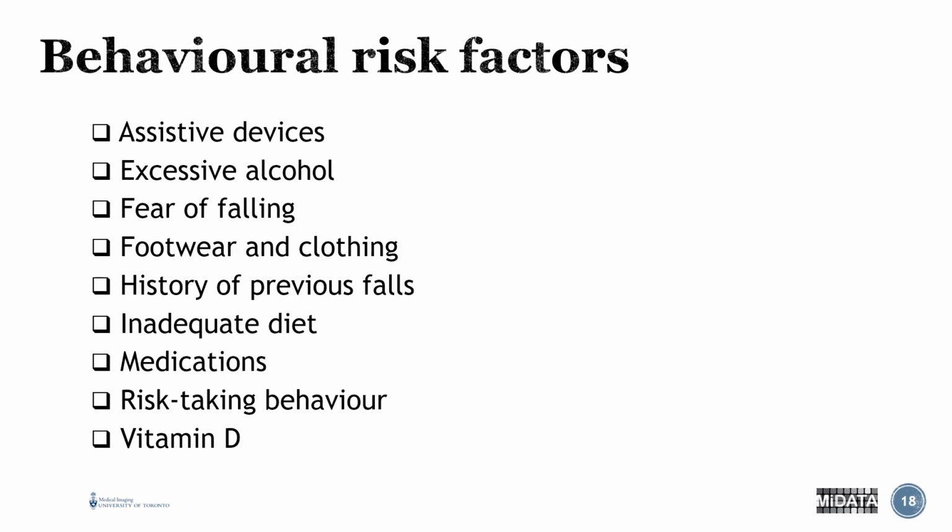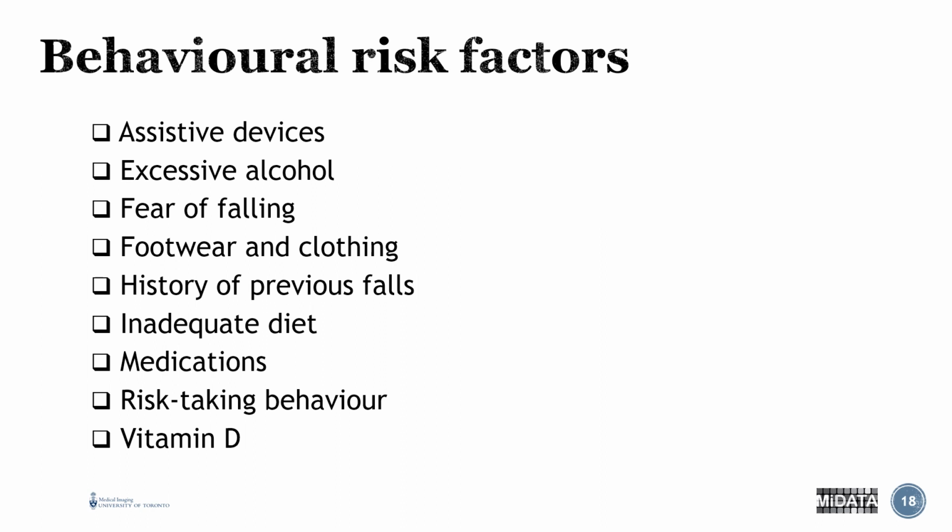There are also behavioral risk factors. So what do I mean by behavioral risk factors? You can have assistive devices, right? If you have assistive devices, then chances are you're going to be more unstable and you could fall. Excessive alcohol, of course. If you drink excessive alcohol, then the chances of you falling over are greater.